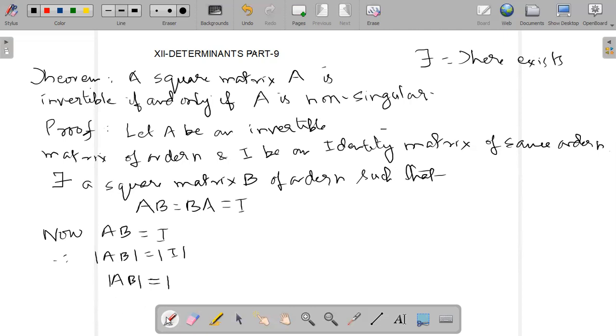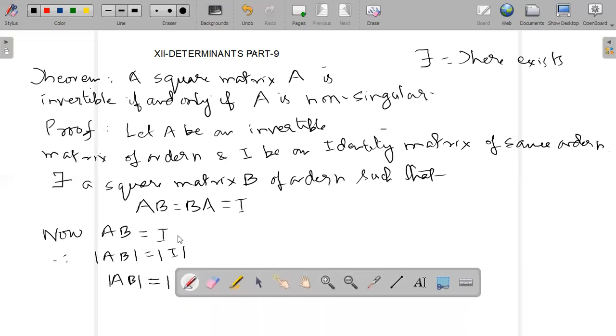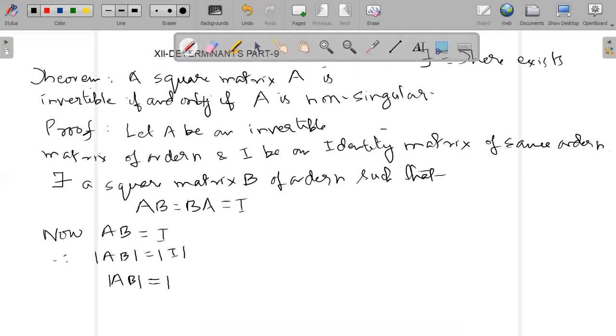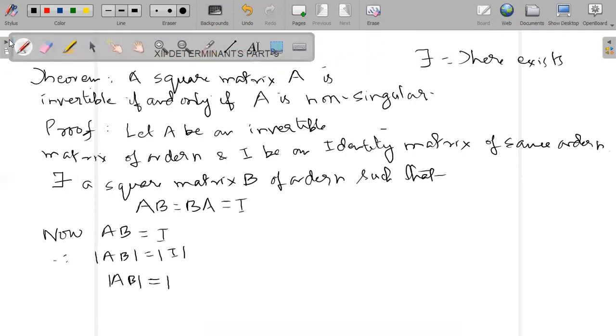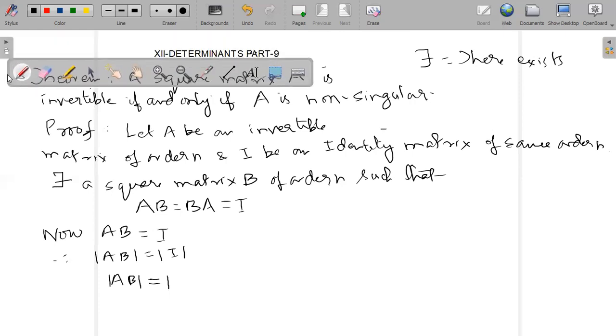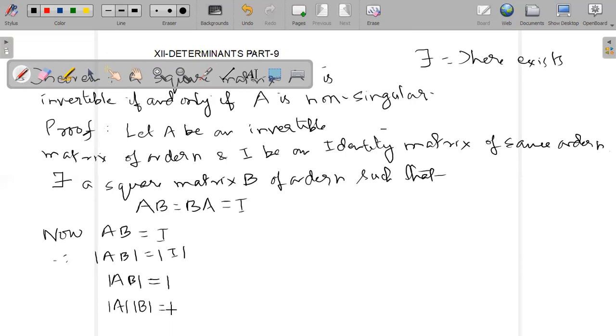And we have seen determinant of A into B can be equal to determinant of A into determinant of B. And the product of two numbers is 1, which shows that determinant A cannot be equal to 0. Otherwise, if this value is 0, it will become 0.